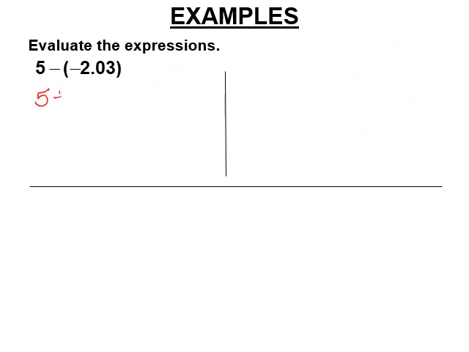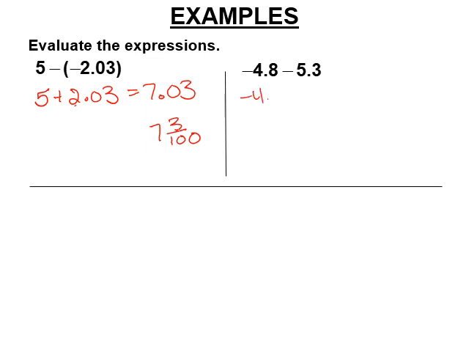So now we're adding the opposite. So 5 plus 2 is 7, so this is 7.03, which is the same as, and you don't have to write this, but you have to know that it's the same as 7 3/100ths. All right, we're adding the opposite.